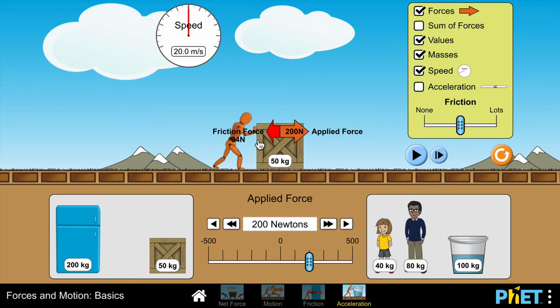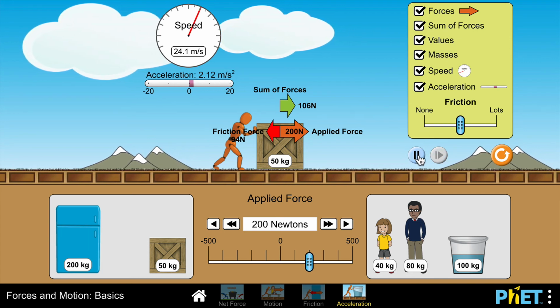So my unbalanced force would be 200 plus minus 94, which would give me 106, and that's the unbalanced force to the right. And therefore, using Newton's second law, F is equal to ma, rearranged to give acceleration a is F over m, is 106 divided by the mass, which is 50 kilograms, and that should give a value of 2.12 ms^-2.